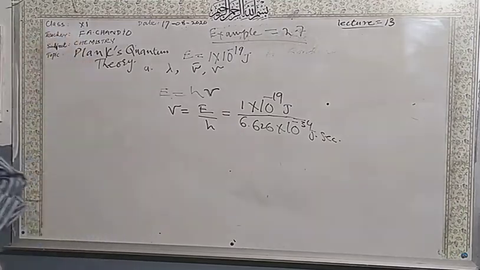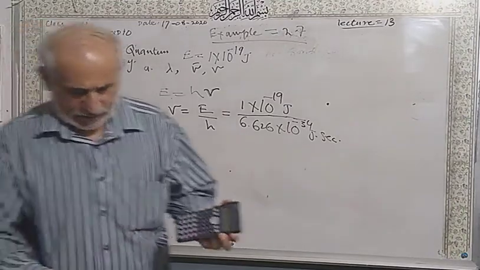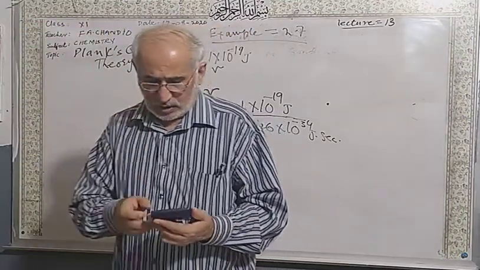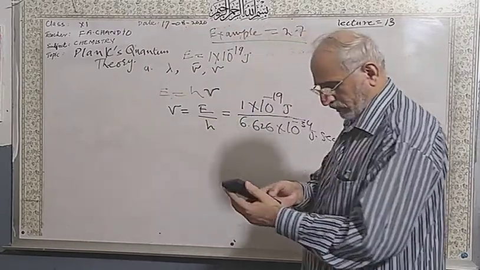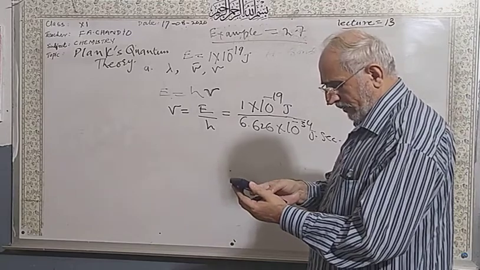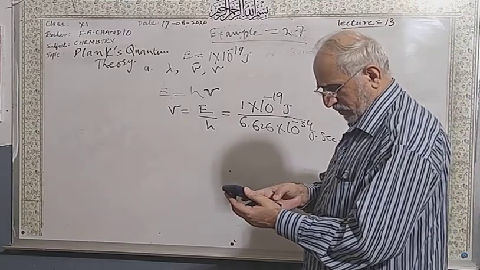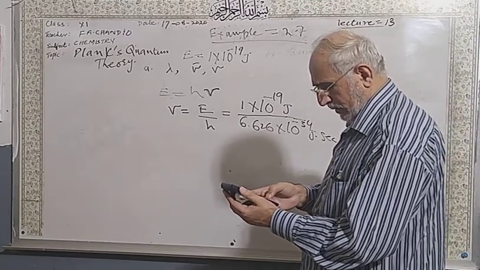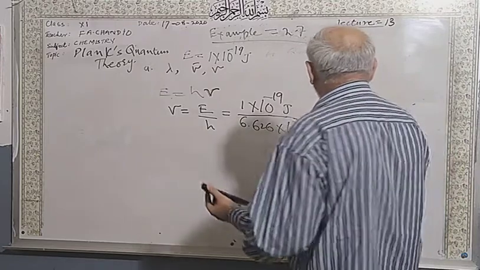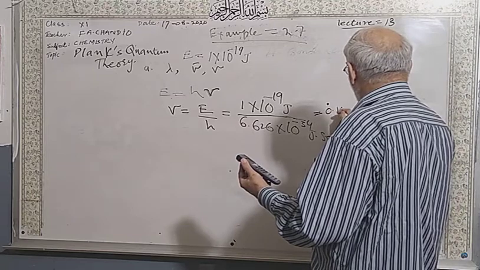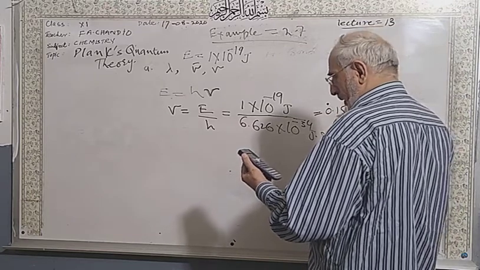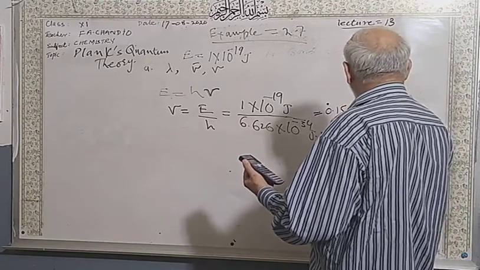If you have a calculator, my calculator is here, you have to also use your own calculator. So 1 divided by 6.626. The answer is 0.1509.